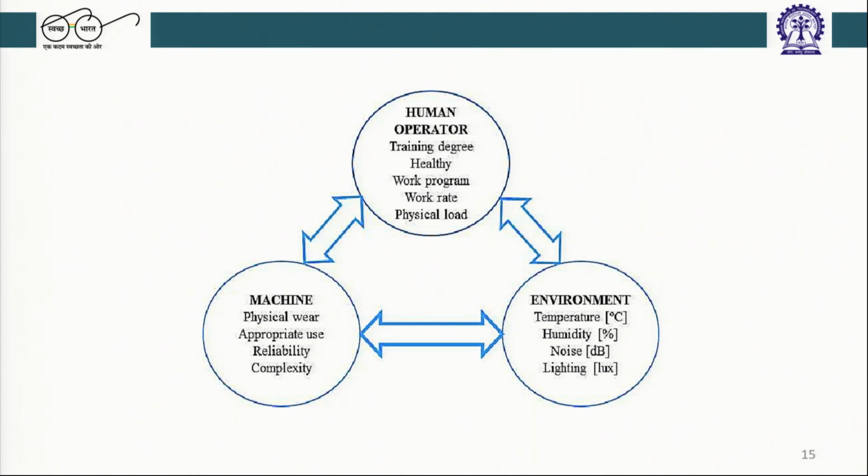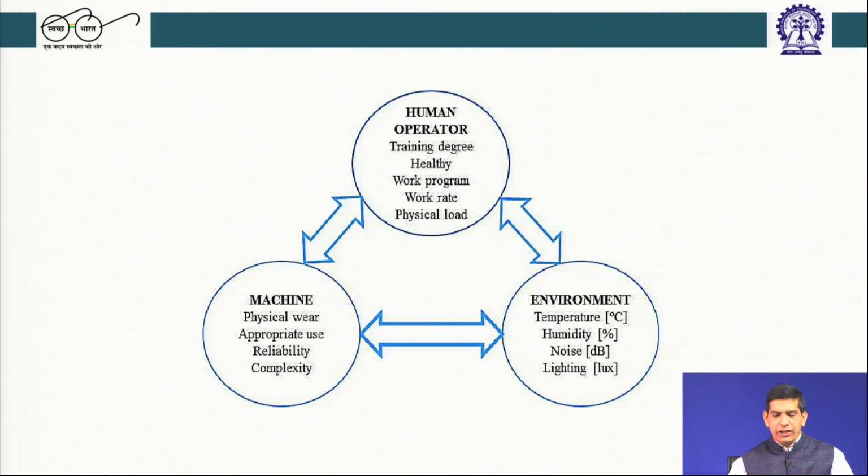So if you look at the human, we have the human operator, we have the environment, we also have the machines which we work with in any industrial economy. So in terms of humans, we are mostly working with different technologies. We have done some training, we have some degree programs, we have a healthy work program. We look at how much work we can do.